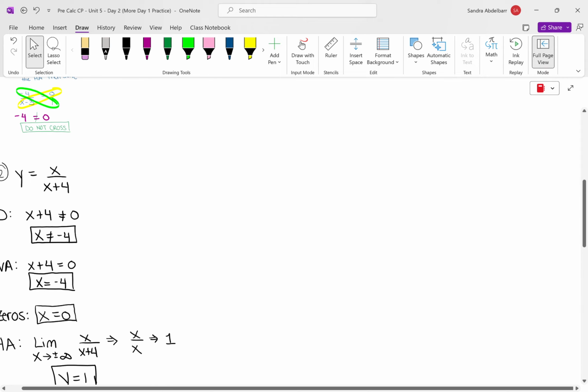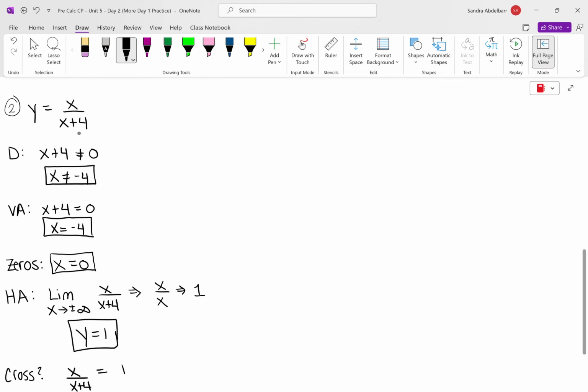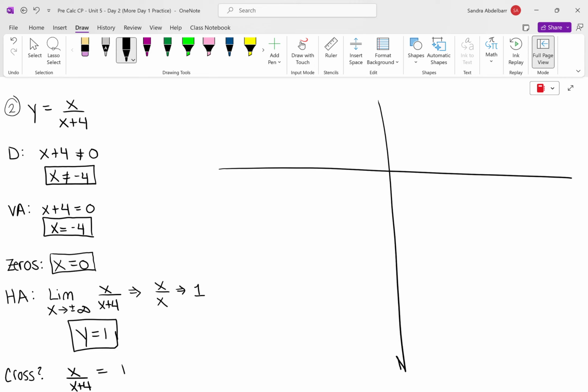Are we ready to sketch? Okay. So here we have our vertical asymptote at -4, and we have a horizontal asymptote at y equals 1.